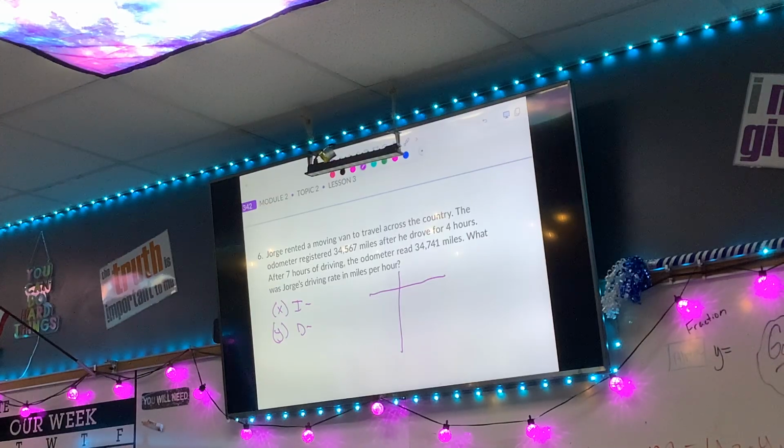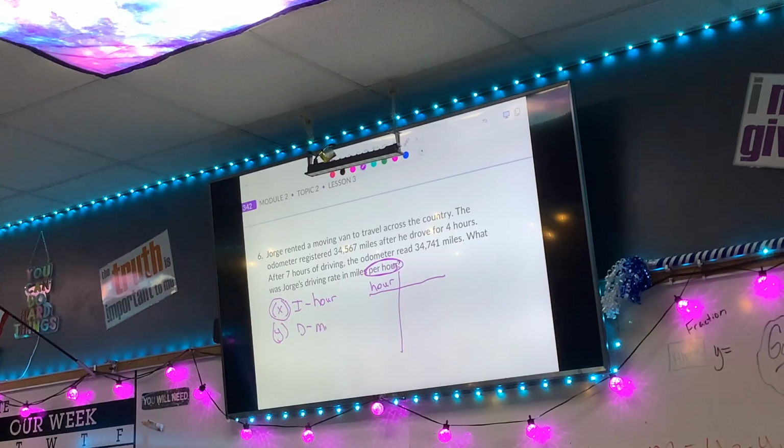What is my independent? Guys, what does this say? Per hour. That's my independent. But is your independent on the left? Yes, because that's the X. And remember in your table it goes X and Y. Would the dependent be driving?